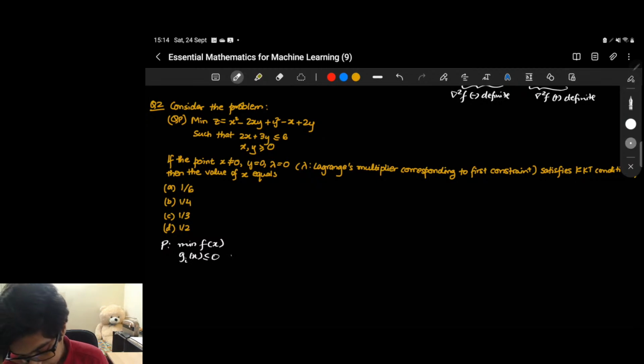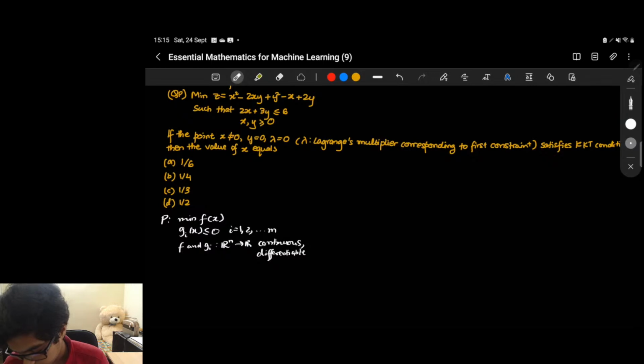So these are the constraints, and we can have m such constraints, and both f as well as all the gi are functions from Rn to R, and they are continuous and differentiable. And so KKT conditions are given as follows.